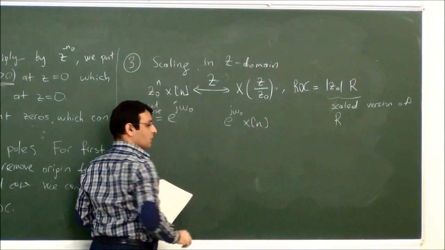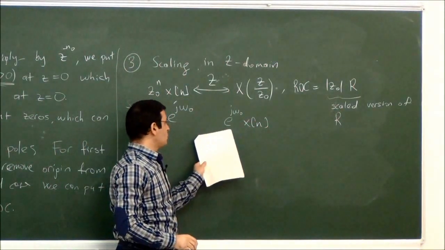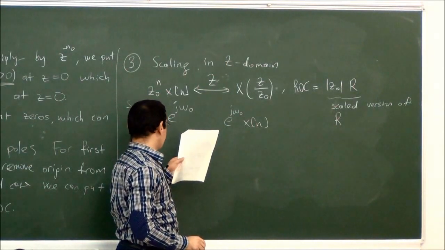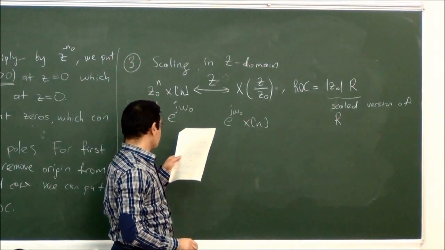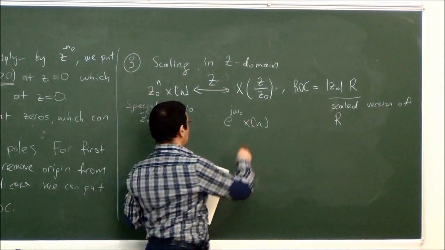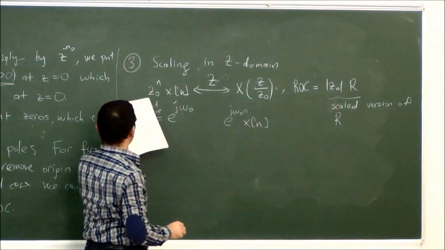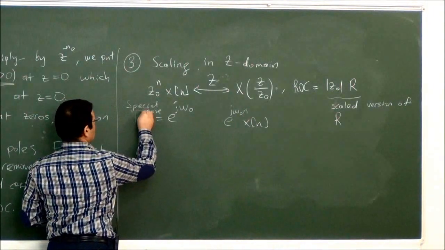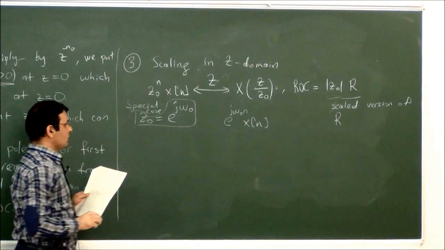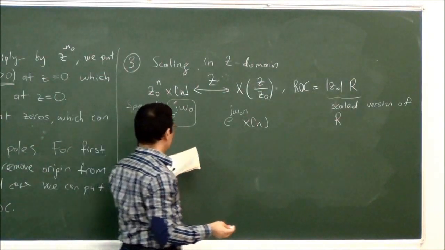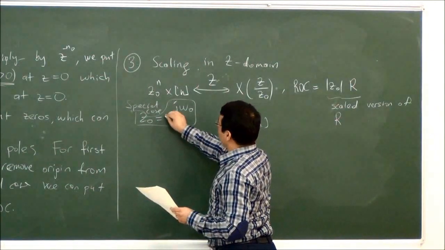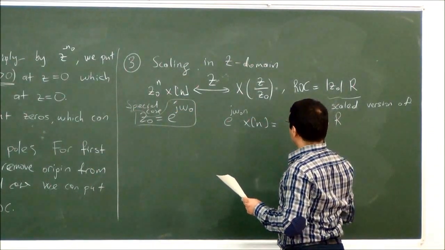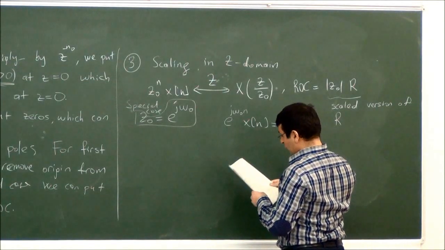So this is your sequence, and you're multiplying your sequence with a complex exponential, e^(j omega 0), times n, of course. So you do this operation in this way. If you take z0 as this one, this is a special case. In this case, we can do this in the Fourier domain.